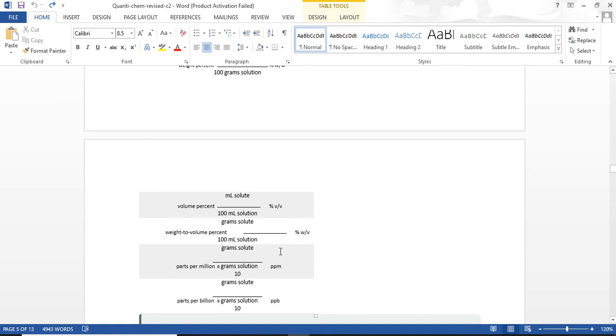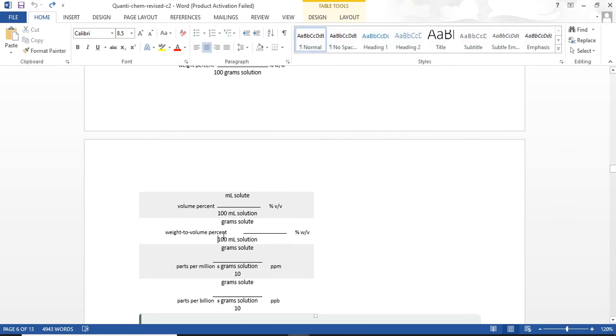Divide mo lang siya sa 100 and it is the percent solution. Okay, therefore it is percent volume per volume. Then you have weight to volume percent. It is weight per volume. Mabalaan mo kung weight per volume. Panambalaan kung weight na siya, ang unit is in grams. Ang ida ng imong solute or solution is in ml.